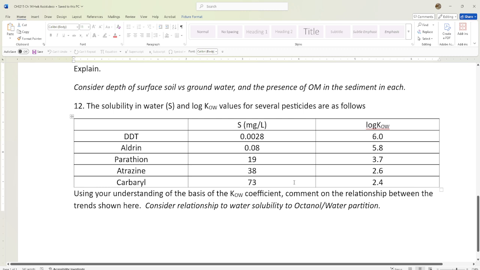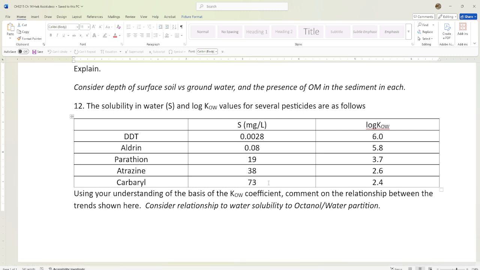Carbaryl has a much lower log KOW. It still is nonpolar, but it's factors of several hundred, if not 1,000 times lower. So less nonpolar characteristic means it has more of a polar characteristic. It would also equally want to react with water. And so with that in mind, we see an increased solubility.